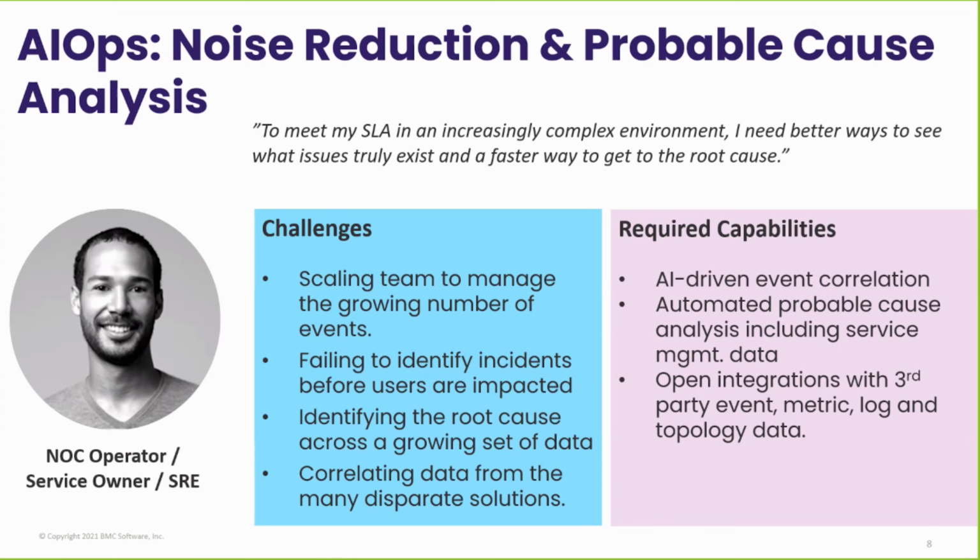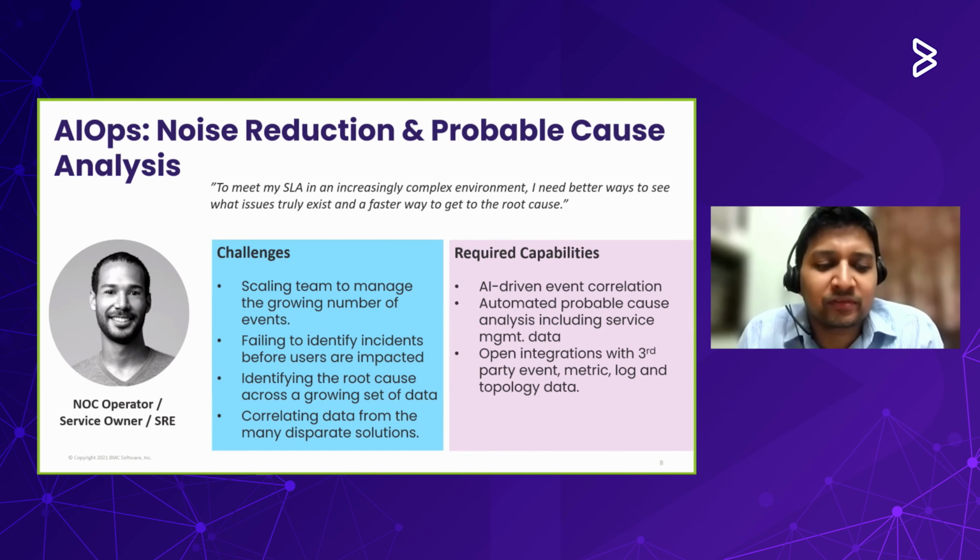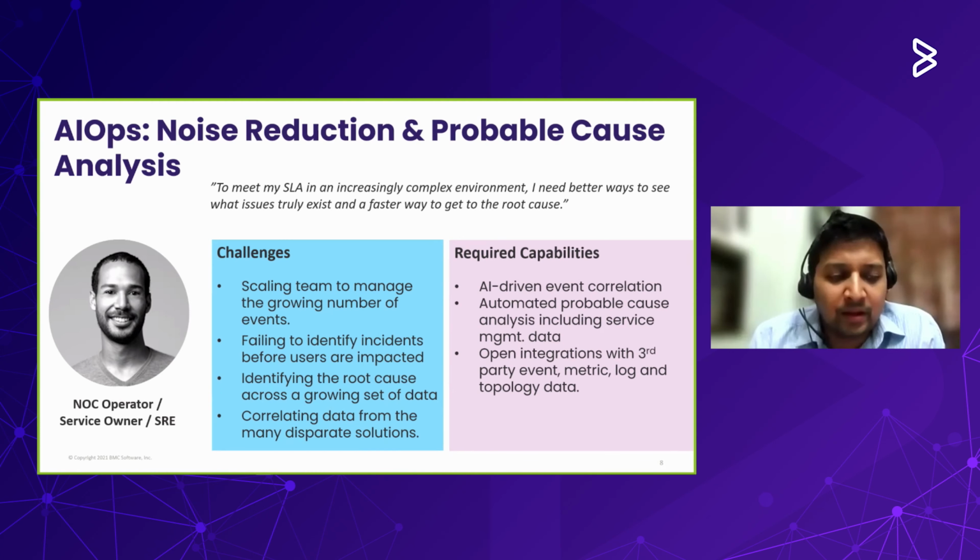To be able to do that, what does John need? He needs better ways to see what issues truly exist and not get swamped by a deluge of events and incidents. He needs a faster way to get to the root cause of the reported problem. To resolve this, let's see how it can be done.